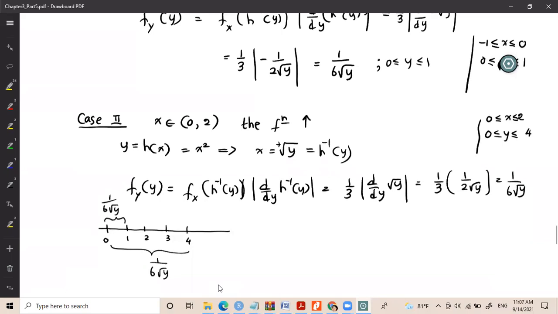And how do you write the final answer? Think about it. You have to write the final answer in this format. There is an overlap in the support. So how do you tackle that? Yes, what do you think? So this is the overlap.